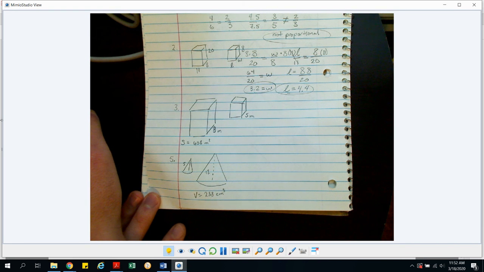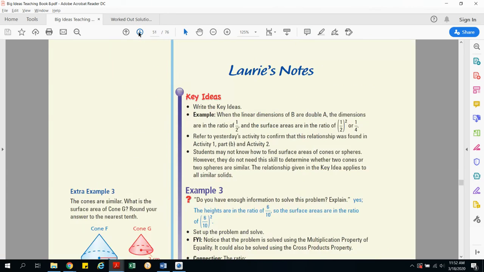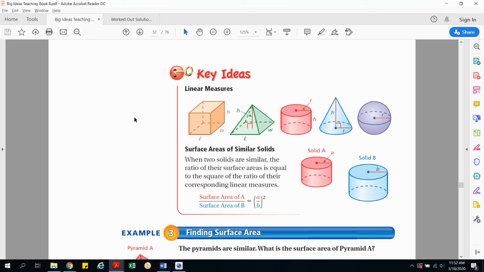All right, we're going to jump back to the book here real quick. So these surface areas of similar solids: when two solids are similar, the ratio of their surface areas is equal to the square of the ratio of their corresponding linear measures. So examples of linear measures: length, width, height, radius.